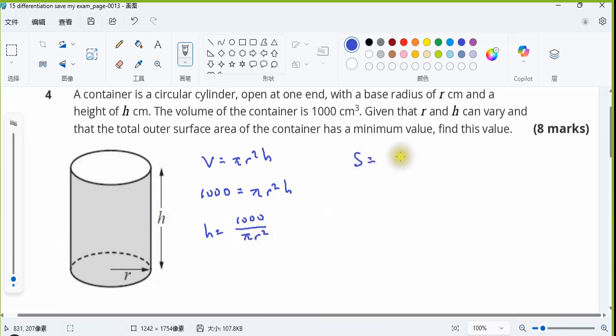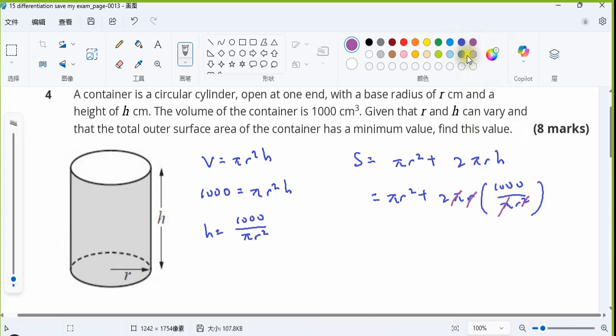And the surface area will be pi r squared plus 2 pi r h. So pi r squared plus 2 pi r times 1000 over pi r squared. So pi cancels, r cancels.